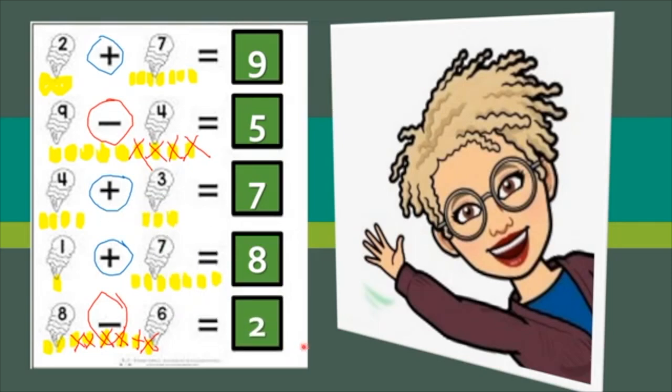Two is the answer because there are 1, 2 left. Did you get that? Well, give yourself a big juicy kiss.